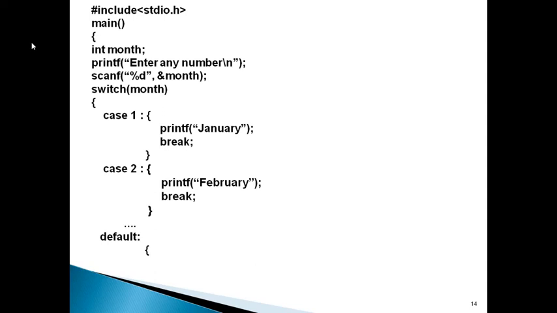Then we will display the error message or some caution message, enter from 1 to 12 only. This is the program to display the month name by giving the month number.